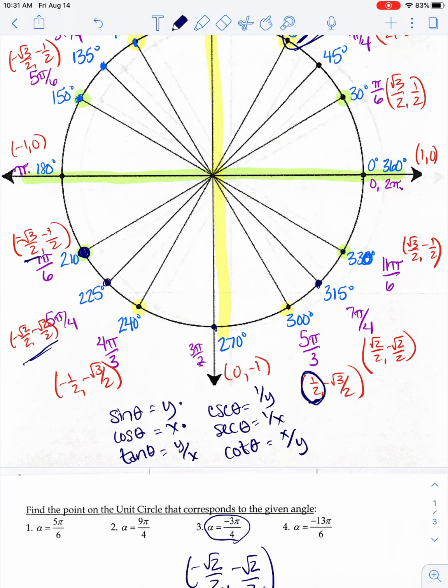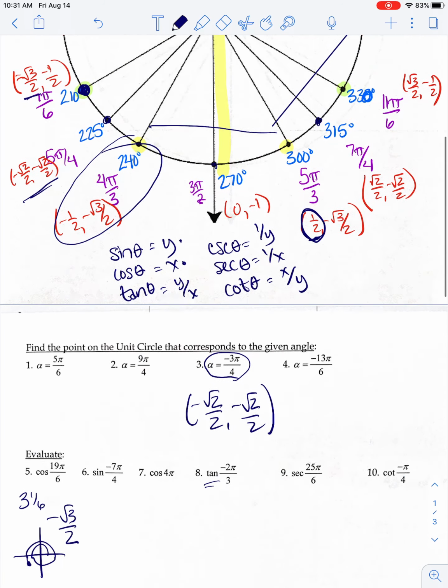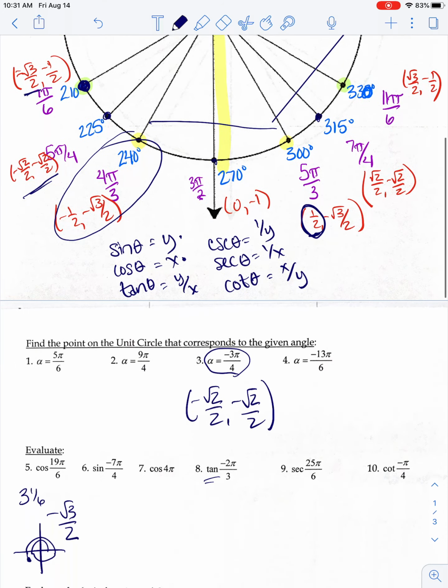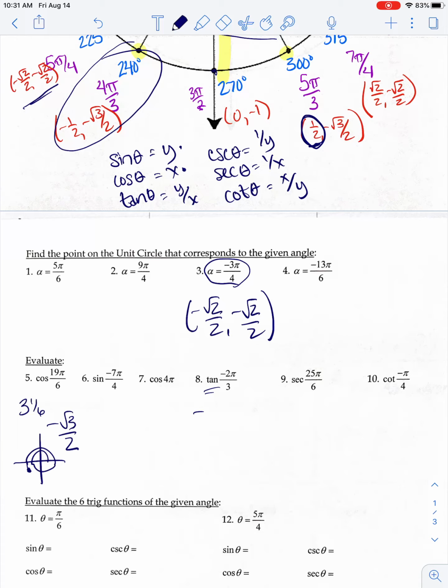If I ask you for tangent, so negative 2 pi over 3, so there's 1/3, 1/3, and then 2/3. So I'm here, and I want tangent, so I want y over x. So negative ugly over negative pretty.